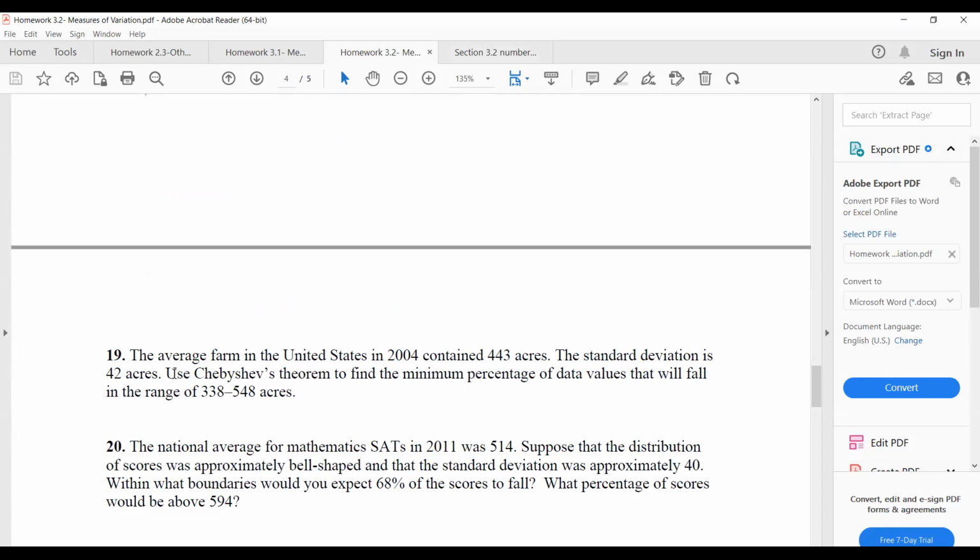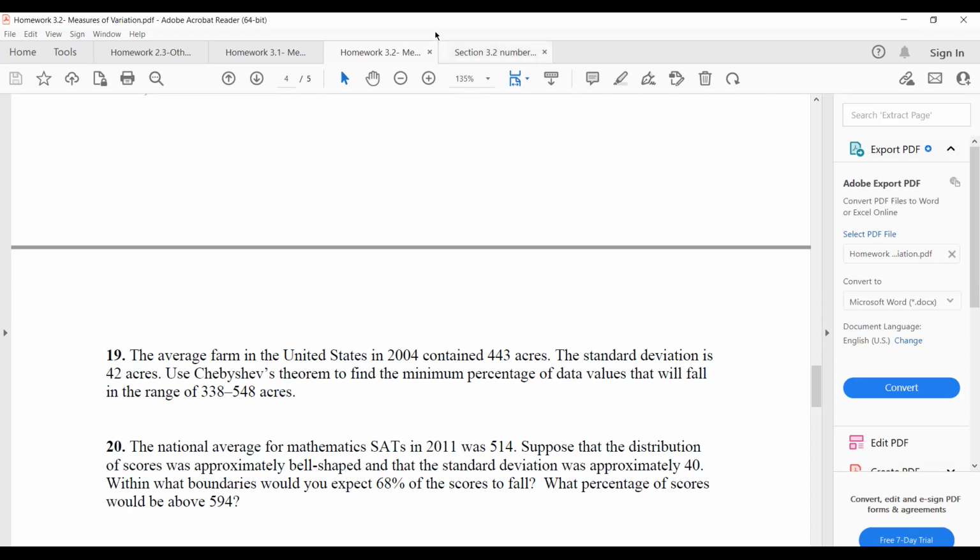Now, they've given you a mean, they've given you S. Now we want to find the minimum percentage of data. So we want to find P. And they've given us a range, 338 to 548. Okay, you see where this is going? All right, so here, we're gonna do this.